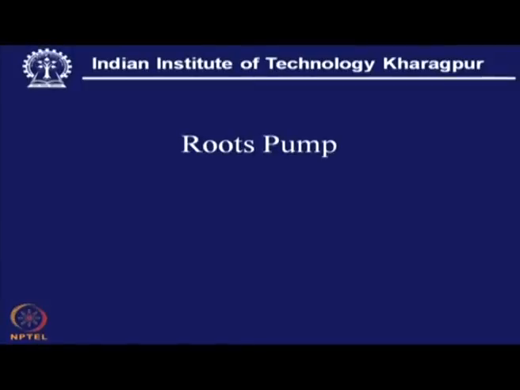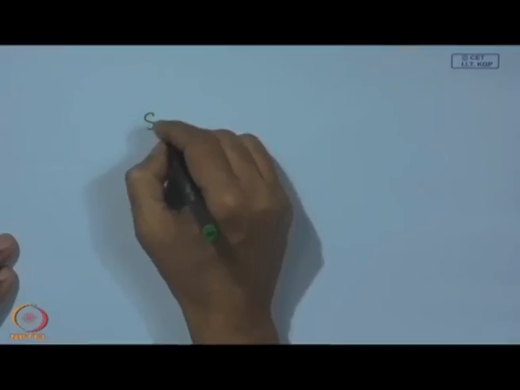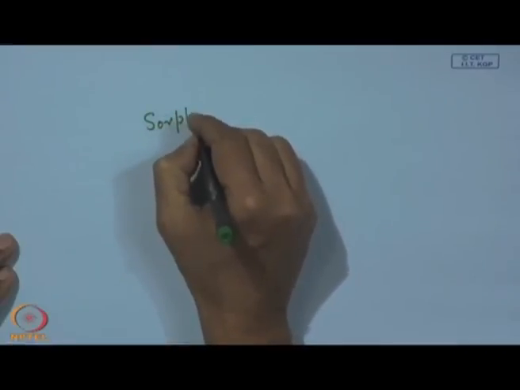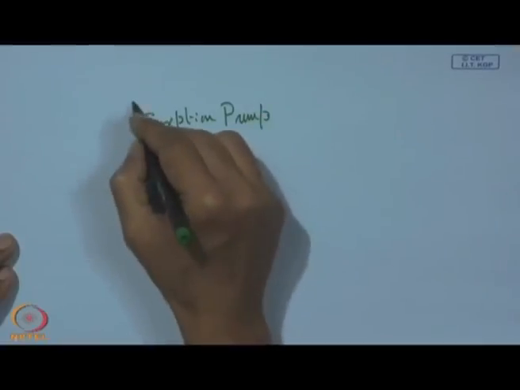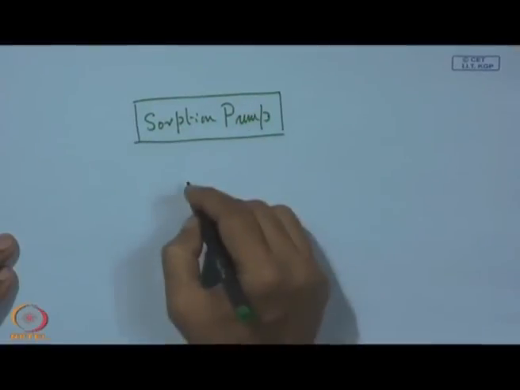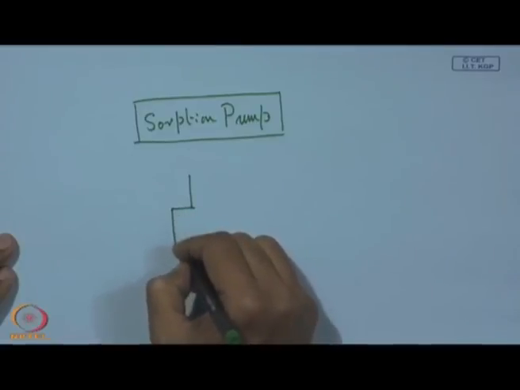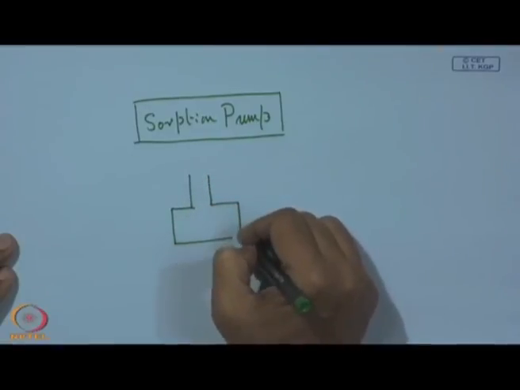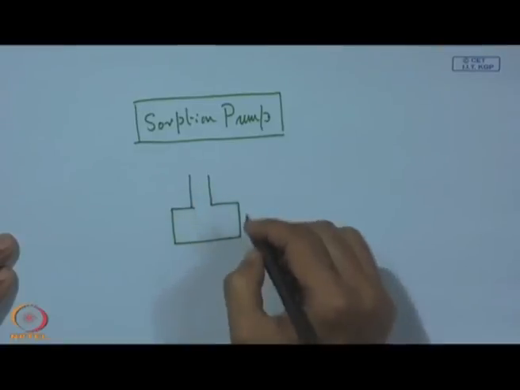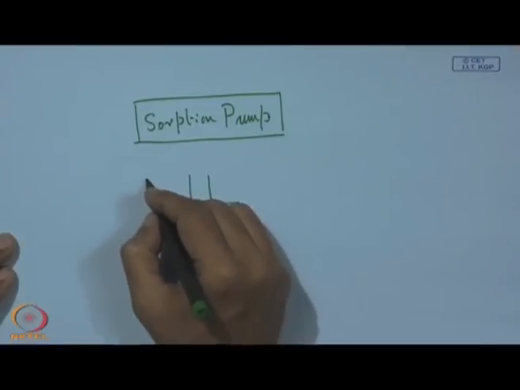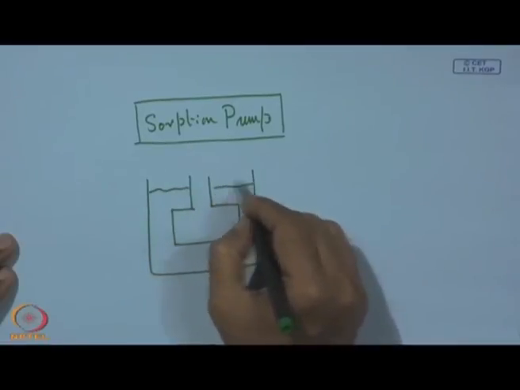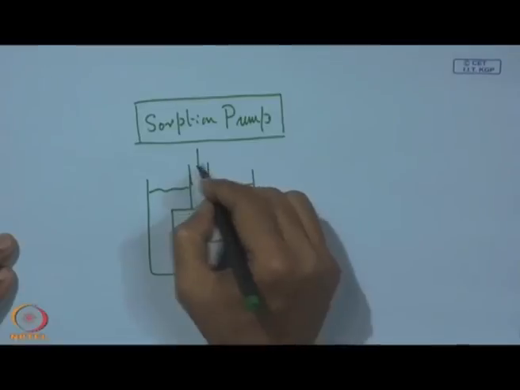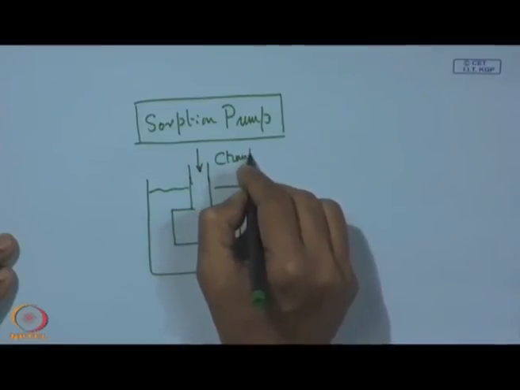Now, what we have seen is the sorption pump. It is actually the body of the pump that will be filled with this molecular sieve material, and here this outer casing is filled with liquid nitrogen, and this will be connected to the chamber.